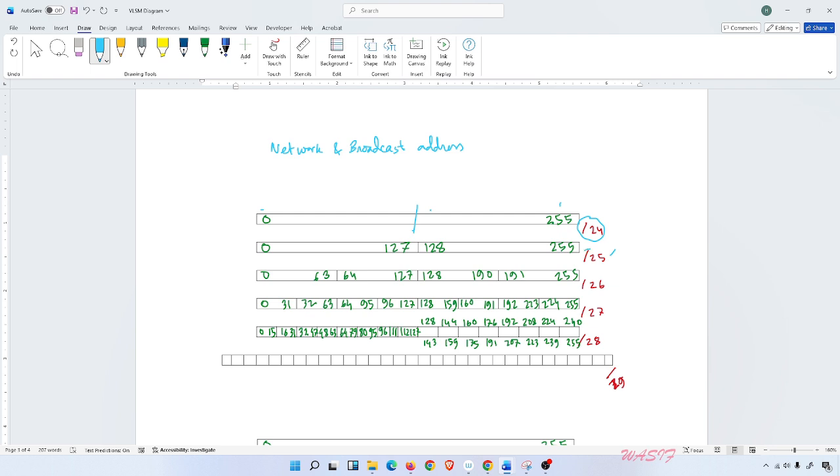This is when you make it /25. This is also /25, this is also /25. Now when you divide /25 again and make it /26, it gets divided into halves. So previously you had 0 to 127. Now it will be 0 to 63, and 64 to 127. If you see, the numbers are the same.